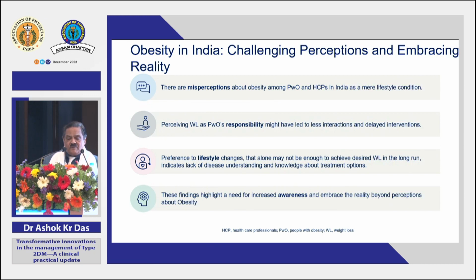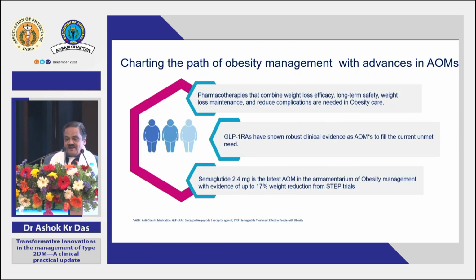Now, what are the realities? Many people do not regard obesity as a disease. I don't know whether you should think of obesity as a disease, medicalize it or not, but what is most important is that one must take care of obesity. Dear friends, there are anti-obesity medications which have changed the scenario of obesity management.